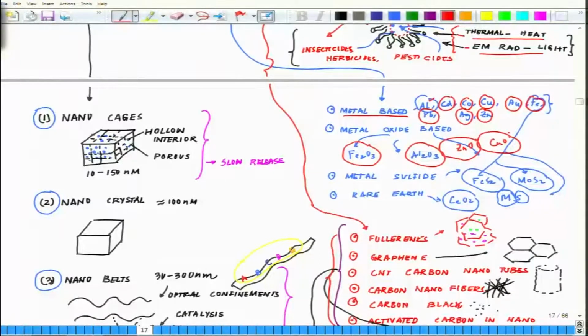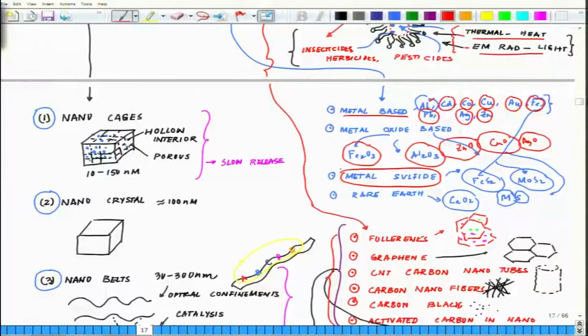These are the different nanomaterials which we will be discussing in terms of our applications in agriculture. Then silver oxide, so several of them. Then the third category is the metal sulfides.